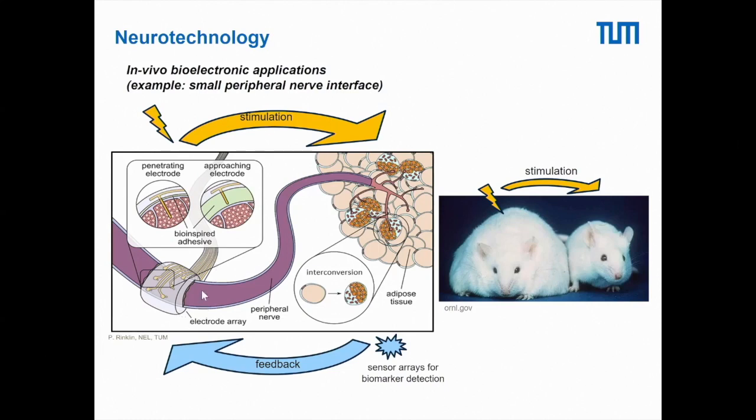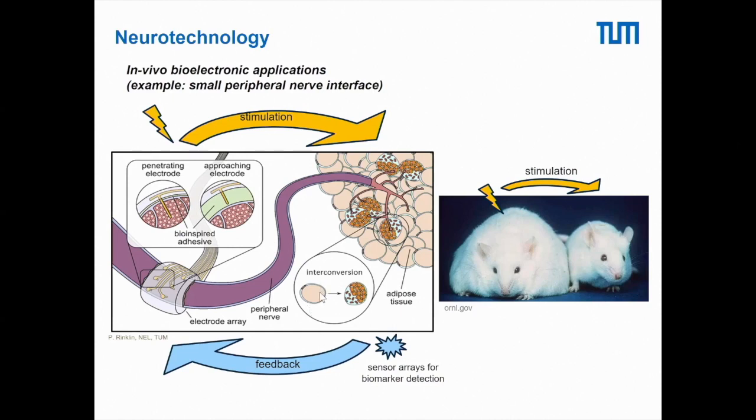So the idea is now that if we have control over this nerve, we can maybe bring this adipose tissue to transfer from white into brown, and therefore maybe help these guys here to become more like the guys on the right-hand side. And to that, we would like to establish a stimulation as well as a feedback loop so that we can control the system. So this is a little bit the general idea.